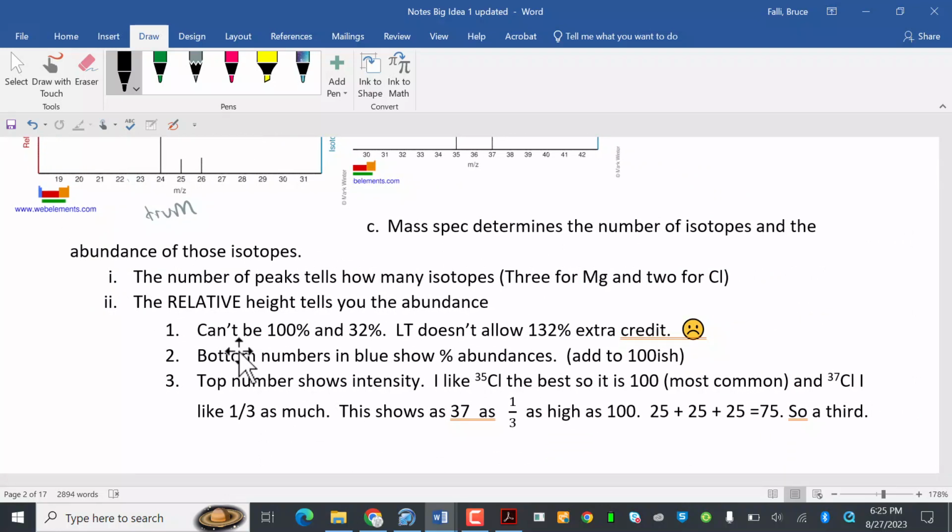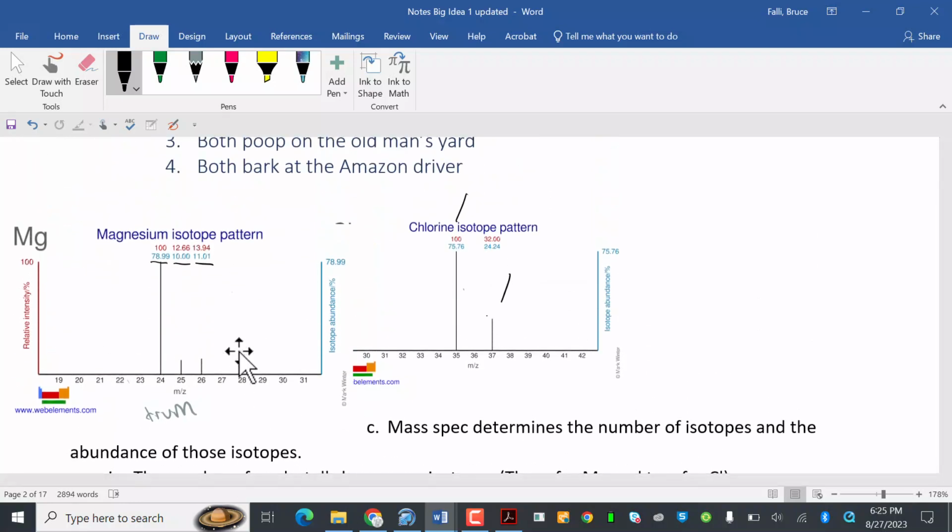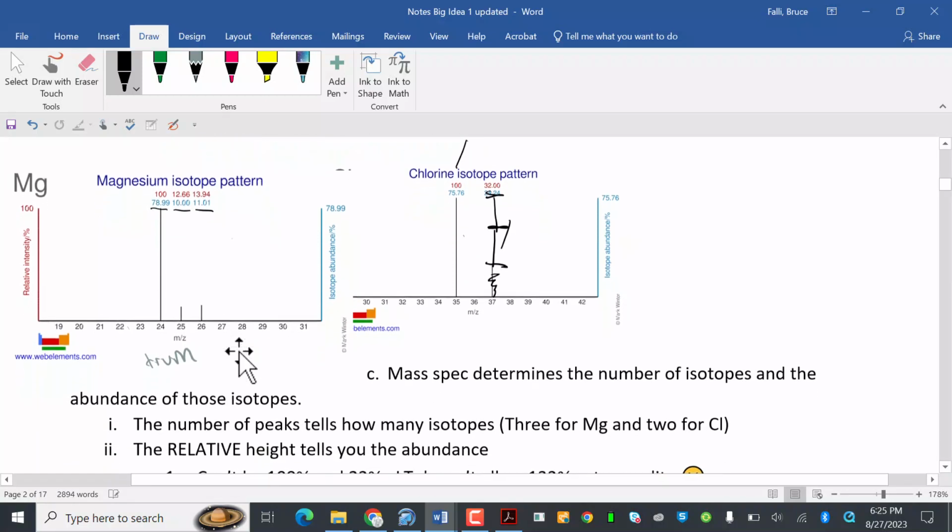And for chlorine-37, I like it 1/3 as much. This shows the 37 is 1/3 as high. So if I have 1/3, 1/3, 1/3, that's 75. So looking at this, 1/3, 1/3, another third. See how you can tell this number right here is indicating a third. So that means it's 75% and 25%.